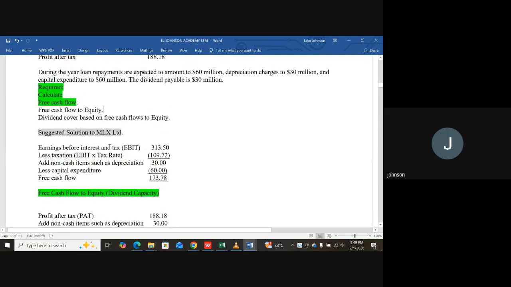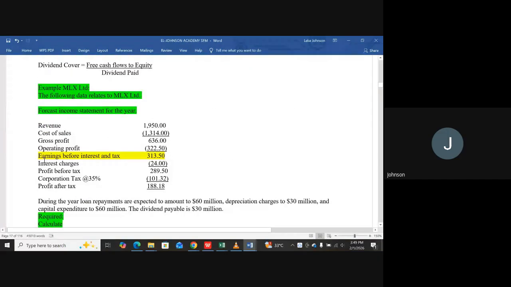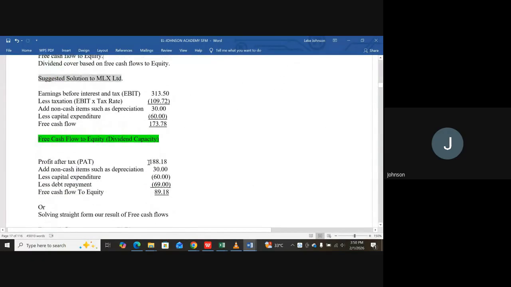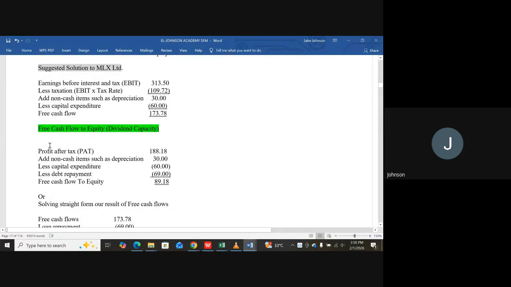So instead of picking profit before interest and tax, whenever you are trying to calculate free cash flows to the equity holders alone, because you are settling the debt people off, you can always go and pick profit after tax and you are safe. Okay, just pick your profit after tax and then you are safe.